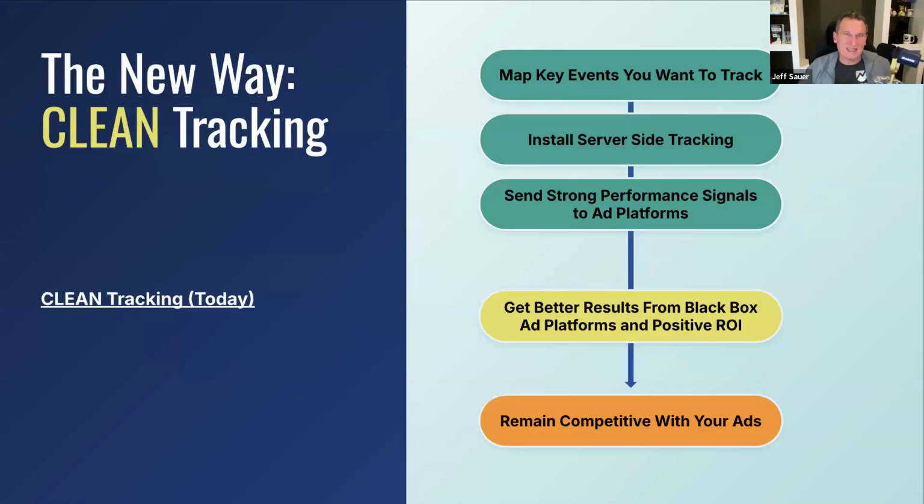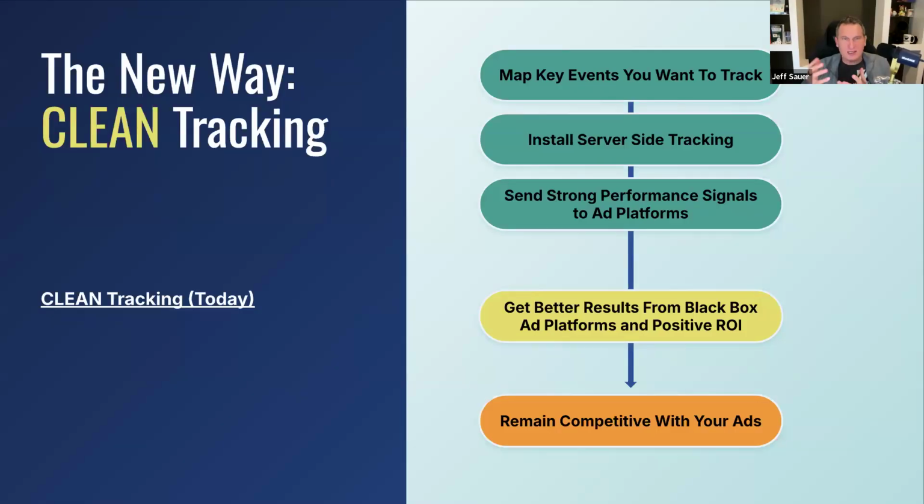And that allows you to remain competitive with advertising and what you're doing and make things perform better. So the idea here is that we're adding some new technology, namely strategy around saying what you want to track, technology around server-side tracking, and that's allowing us to start sending stronger performance signals to our ad platforms.